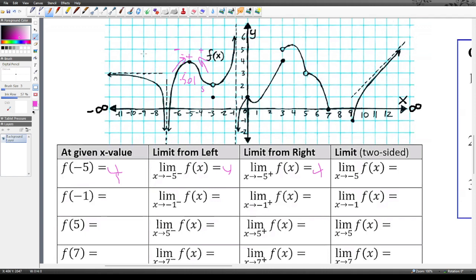I'm going to preface that it's negative 4. Well, not negative 4, 5, my bad. Negative 5, yes. This is going to be negative 5.